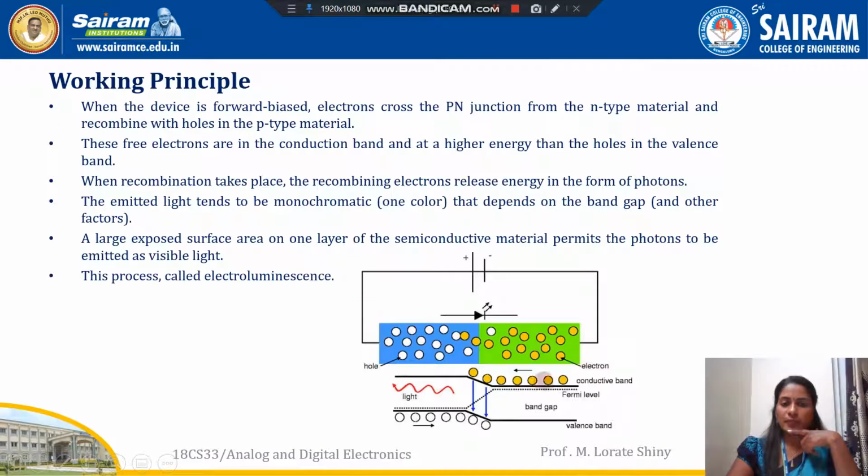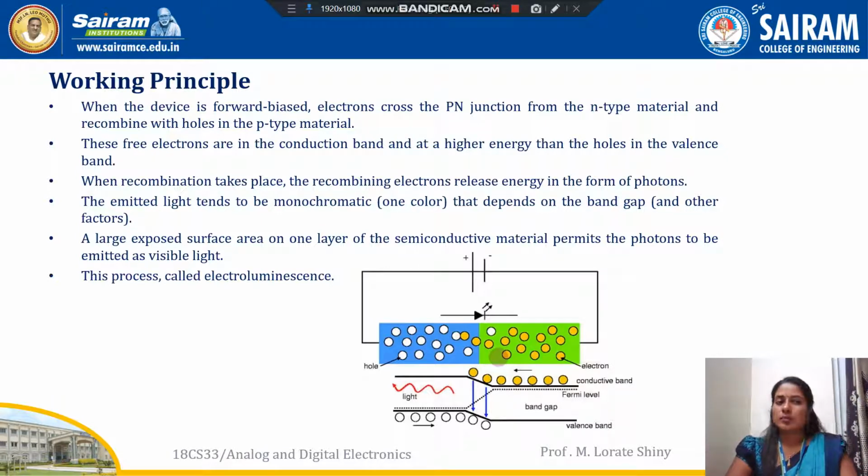Next, the working principle. Here is the p-n junction. When it is forward biased, positive is connected with the p-type material and negative is connected with the n-type material. The free electrons from the n side start moving from n-type to p-type, and holes from p-type start moving from p-type to n-type.